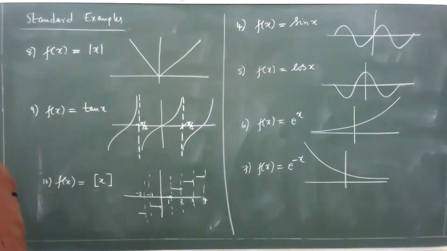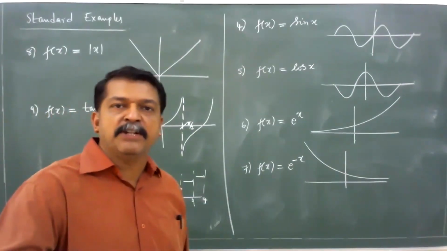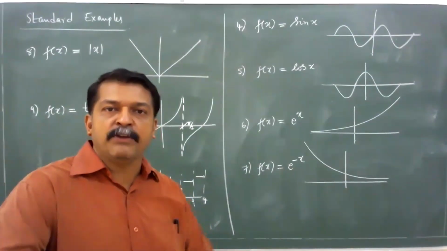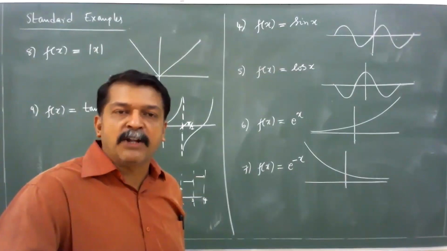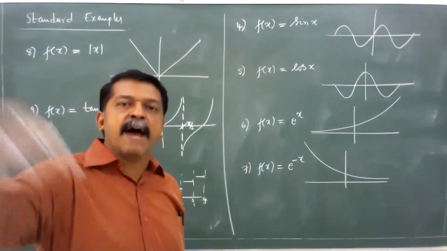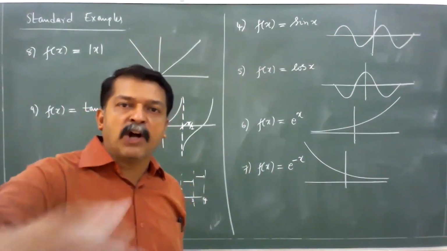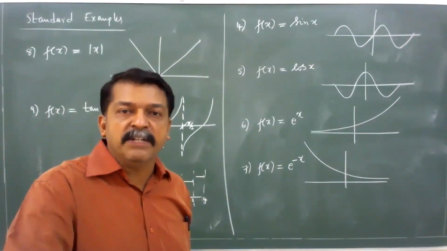Few graphical examples. So through a graph, it is very easy to identify a continuous function. If you can draw the graph without lifting your hand, the function becomes continuous. If while drawing the graph there is a gap or a break in the graph, or if you cannot write it continuously, then the function is discontinuous.